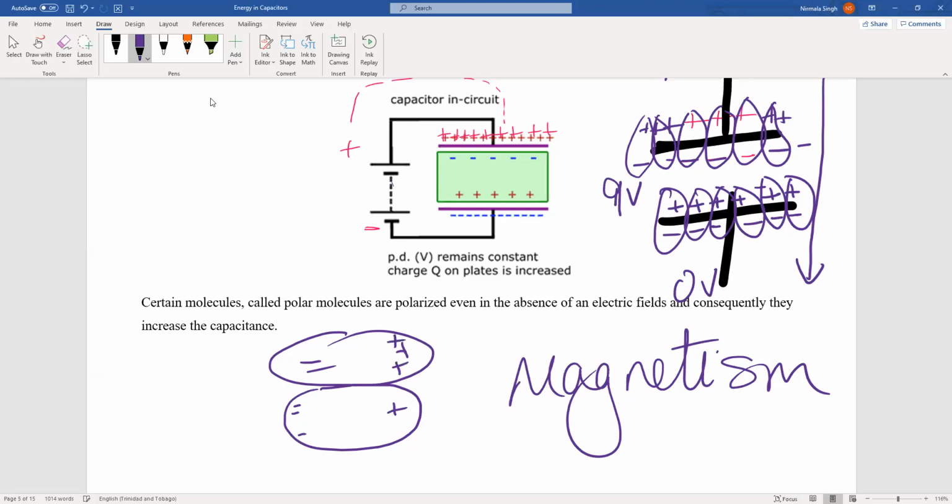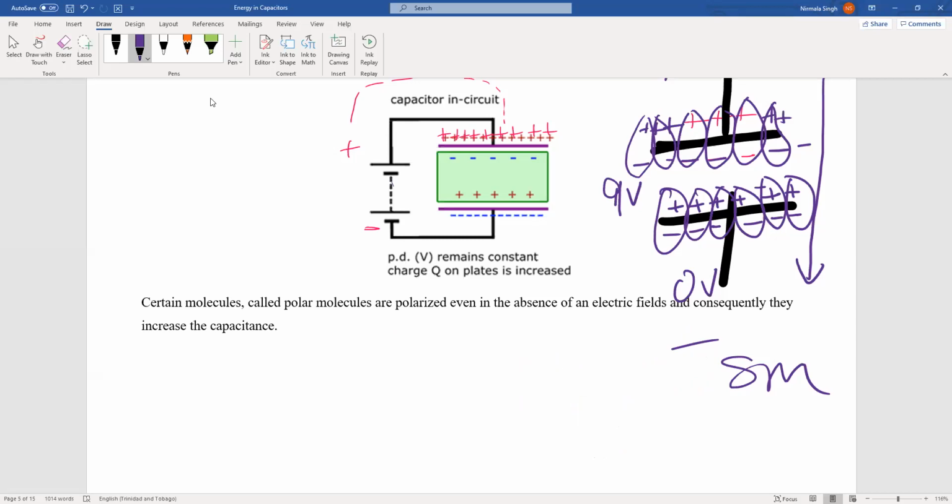It's basically the same exact physics. But here we are looking at any material. We're not looking at a magnetic material. We're looking at a material where we can actually influence the dielectric with an electric field, or we have some materials that are naturally polarized by themselves.